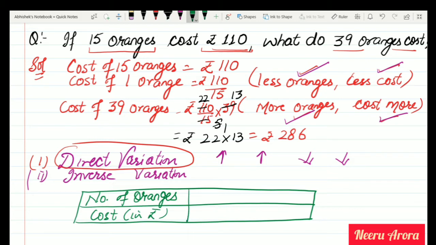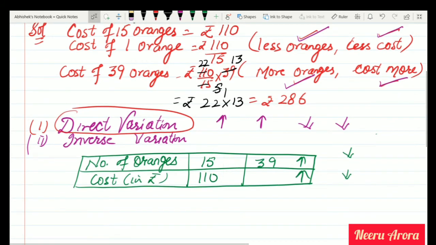The quantities are related in such a way that if one increases, the other also increases. If one decreases, the other also decreases. This is known as direct variation. For example, the more you purchase, the more you have to pay. Or if we want to cover more distance, the consumption of petrol will be more. So if we want to buy more oranges, we have to pay more. This is direct variation.